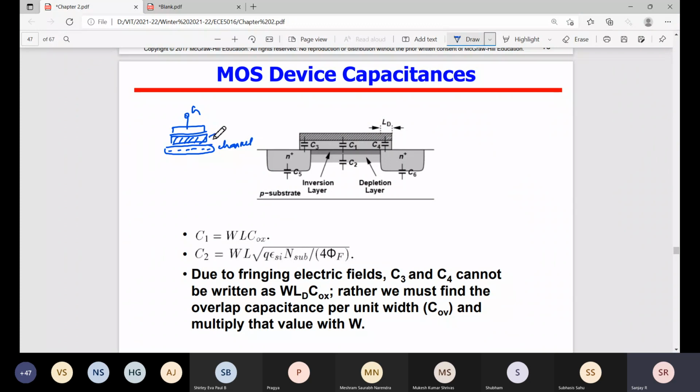So this is the oxide layer. So what is this capacitance called? This is C1. This capacitance is called oxide capacitance. Cox is per unit area, you might have studied in STC. So Cox into WL, where WL is the area. So C1 is Cox times WL.